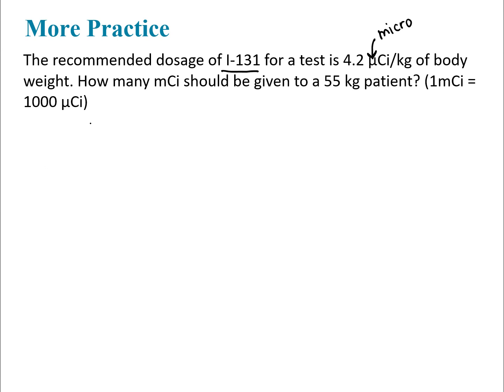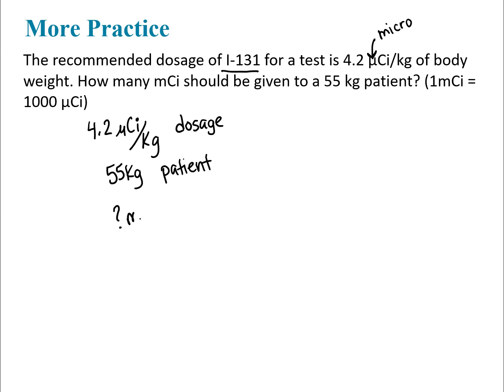So let's write down what we know. We've got 4.2 microcuries per kilogram as the recommended dosage. We have a 55 kilogram patient. And the question is, how many millicuries should we give to the patient?